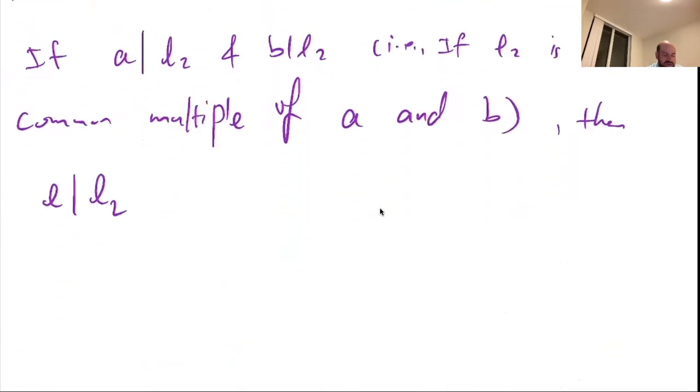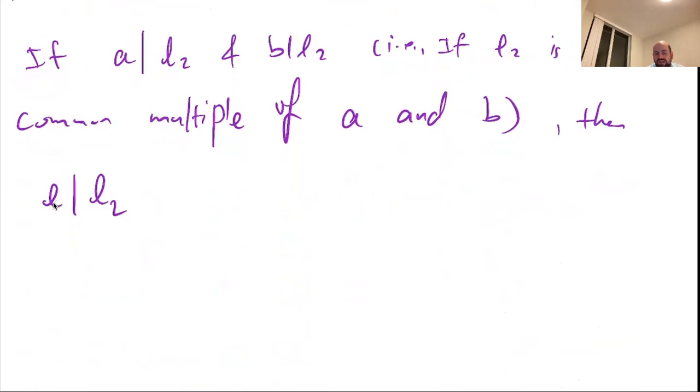However, here, L is the least common multiple, and L2 is an arbitrary common multiple. So L has to be less than L2. Therefore, we say L is a factor of L2. Again, it's not obvious. Well, the fact that L has to be less than L2 is obvious according to the definition of least common multiple.